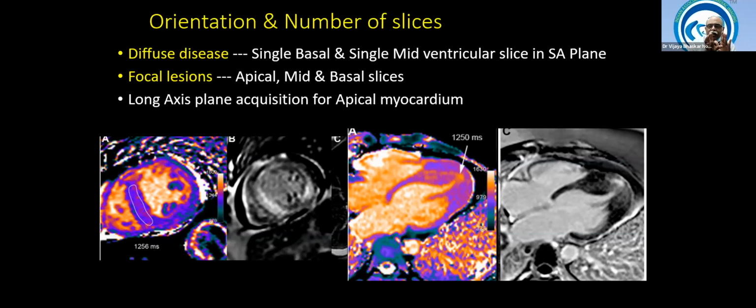Basically, the standard norm is slices at apical, mid, basal third for diffuse disease, and focal lesions can also be acquired. If you already know it is sarcoidosis or amyloidosis and want to rule out diffuse infiltrative disease, the mid third short axis slice is also enough. Calculate the mid myocardium. It's a thick myocardium. Okay, no problem.